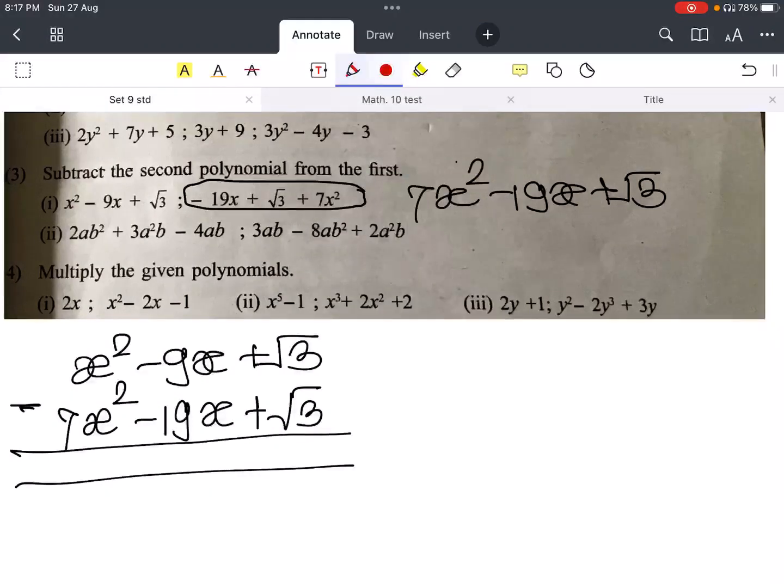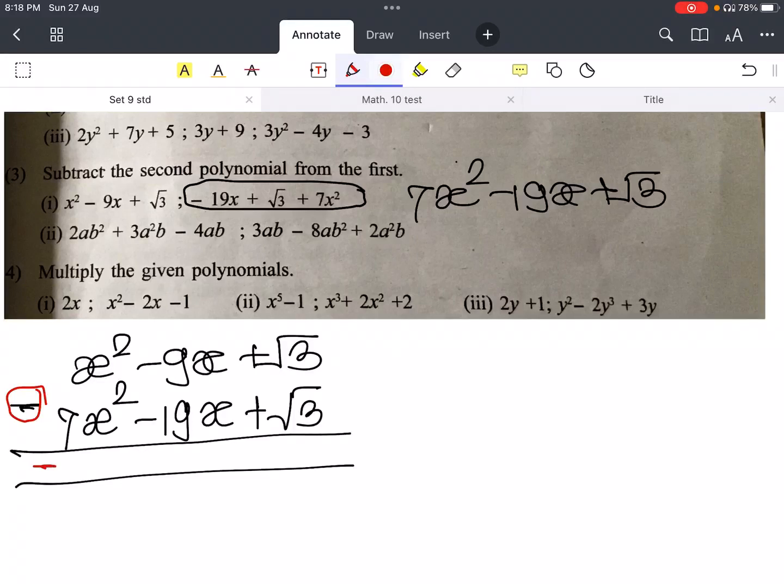Now, according to the sign inversion rule, what will happen? This minus, which is outside the bracket, is directly connected with the second bracket. So the plus 7 becomes minus 7.